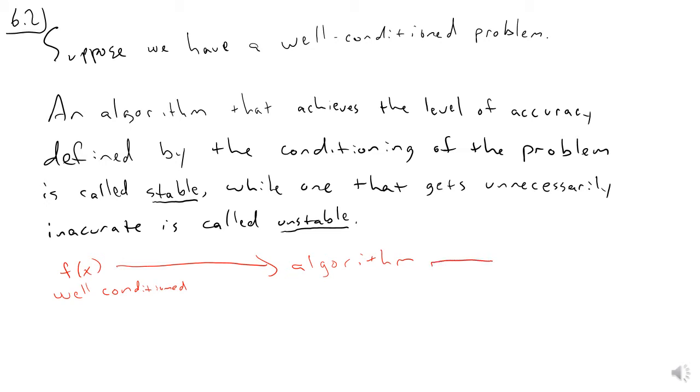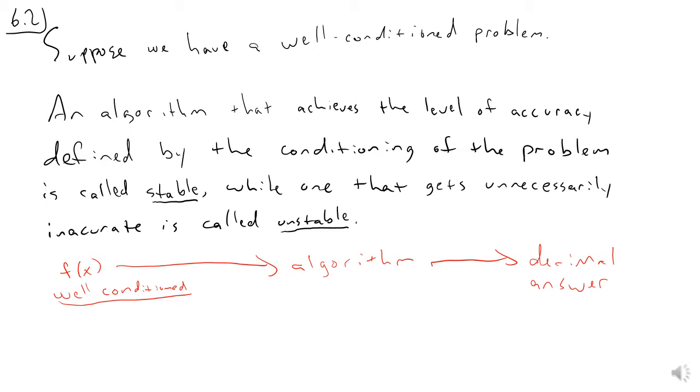All right. So then the question is, whenever I get this decimal answer, is that decimal answer accurate? You would hope that if a function is well conditioned, that your algorithm would give you a good answer.